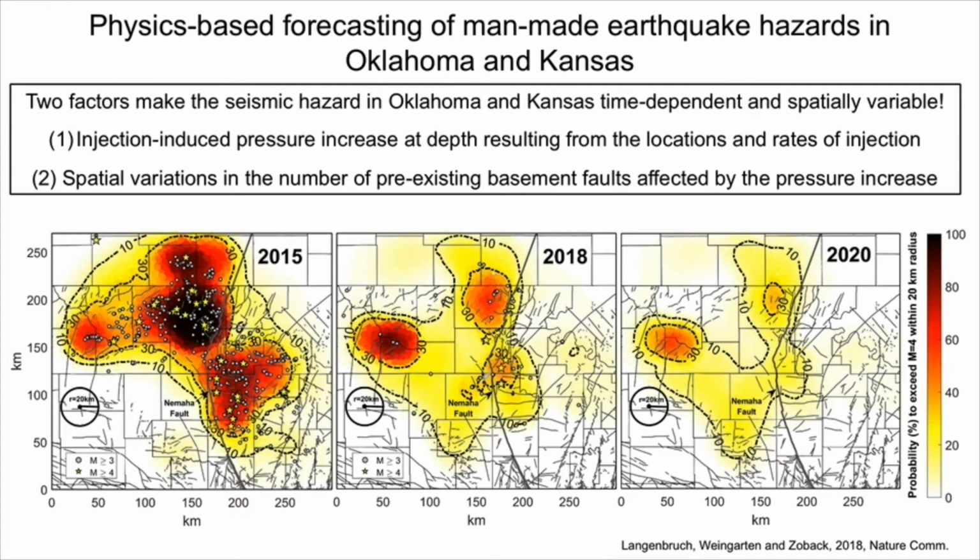Again, the seismogenic index is defined for these areas of 20-kilometer radius and which are moved around on the map. And the high seismogenic index leads to a high probability, incorporating, of course, the appropriate pressure and perturbation. And it's holding up pretty well through 2018 when we published the paper.